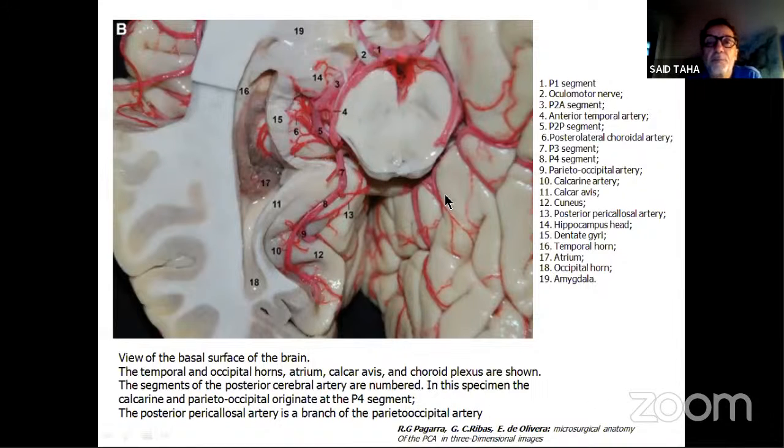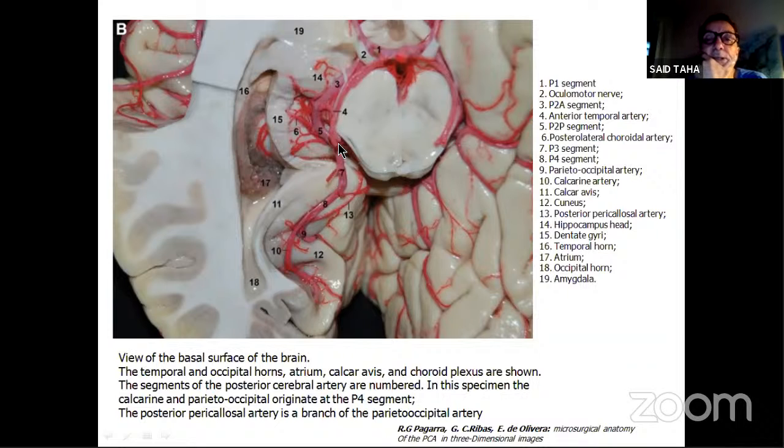Here again, this branch. Here we have the calcarine artery and the division of the posterior cerebral artery.